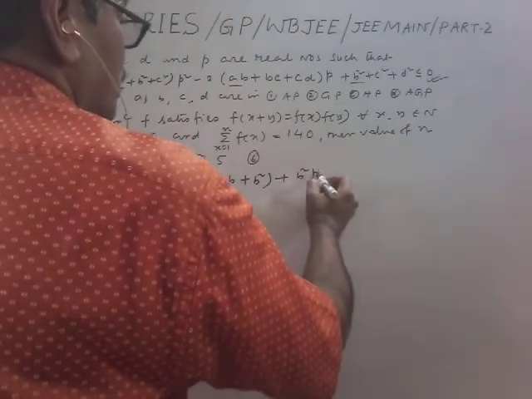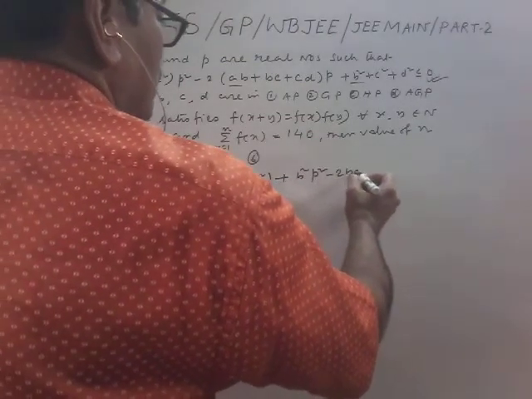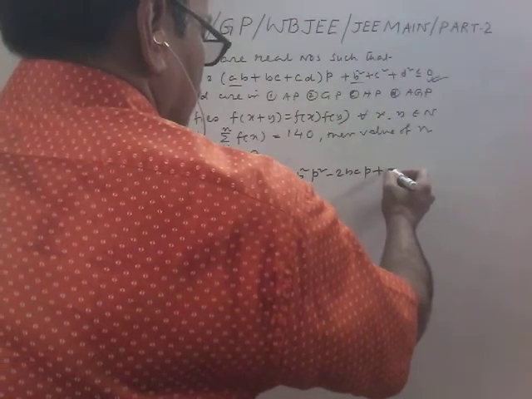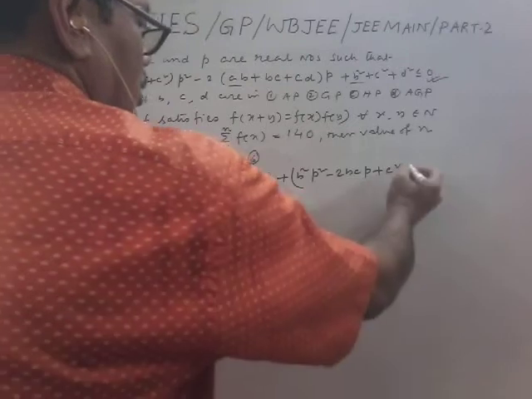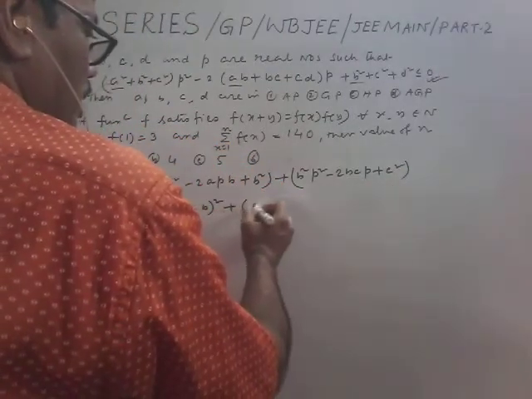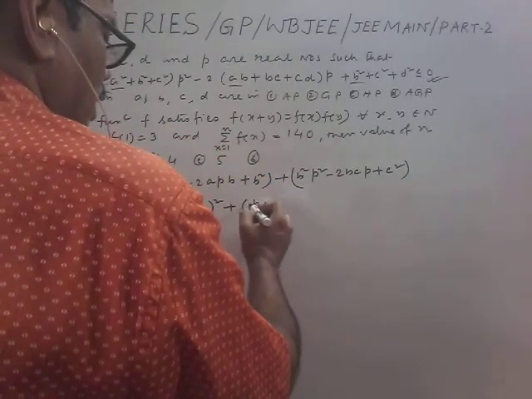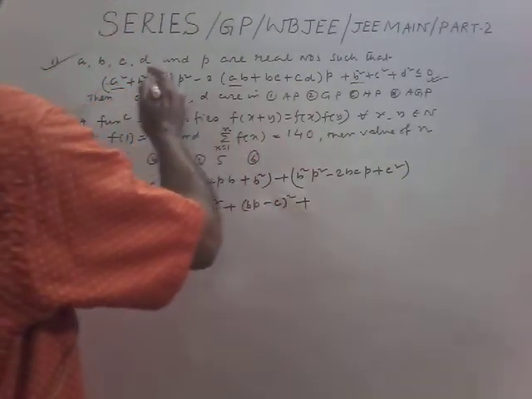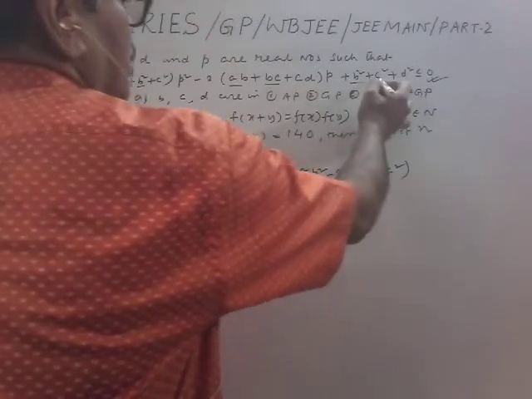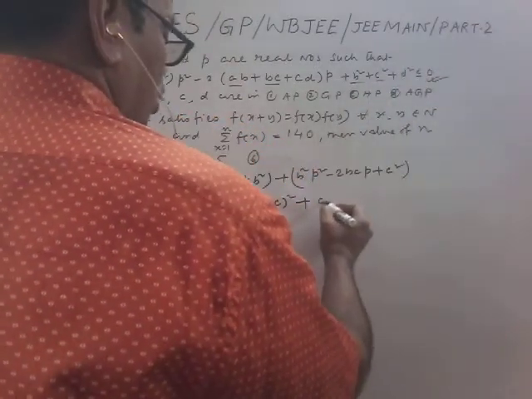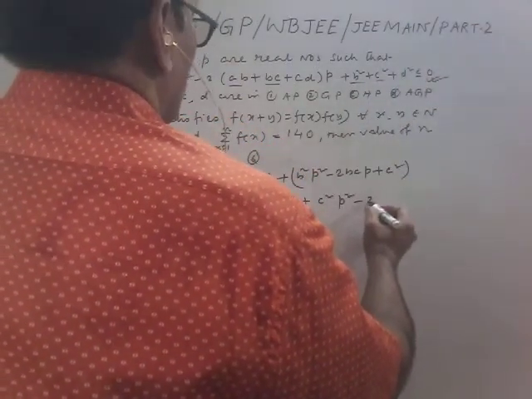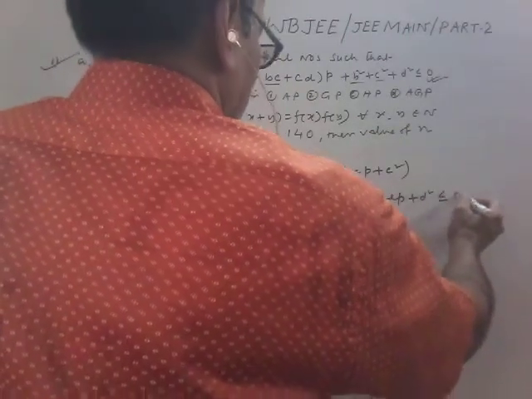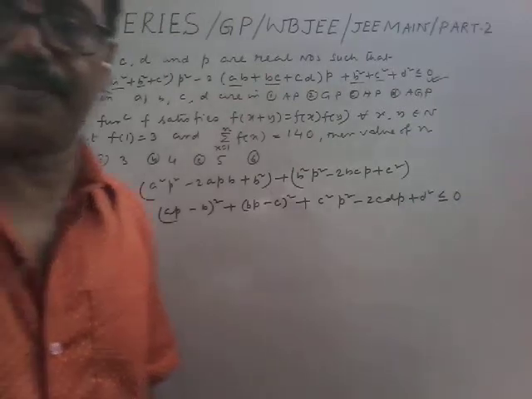Then b square p square, 2bcp plus c square. So this is obviously bp minus c whole square. And remaining terms, this we have already used. So c square p square minus 2cdp plus d square is less than or equal to 0.